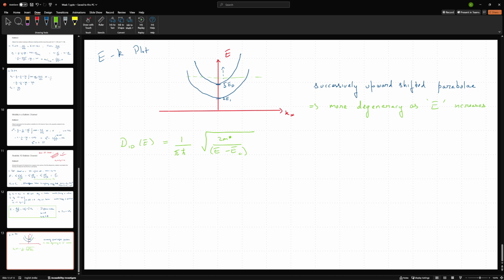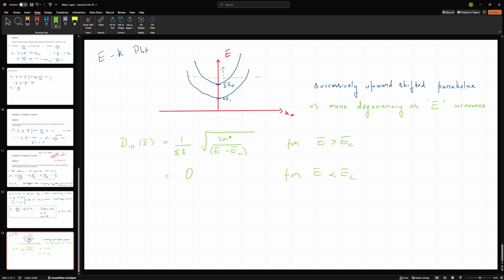However, we should notice that this is only for E greater than EC. For E less than EC, this quantity does not hold. For any E less than EC, I will come into the band gap. So the density of states has to become zero for E less than EC. And that is actually realistic.